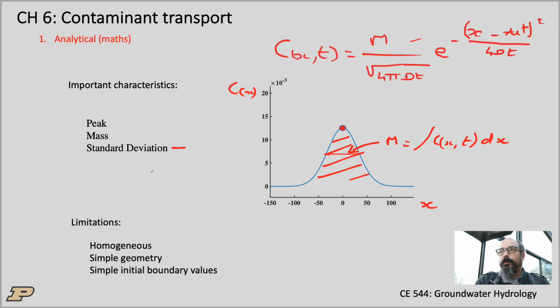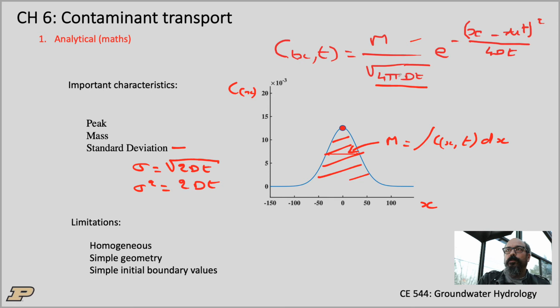Okay, maybe that's better. So the standard deviation, sigma, equals the square root of 2Dt for this solution here. Or another way to write this is that sigma squared, the variance, is 2Dt. And you can see here that 2Dt is here. So 4Dt is 2 times the variance.